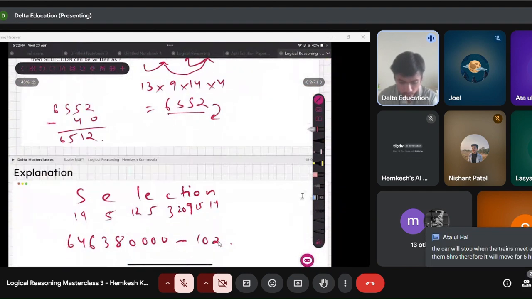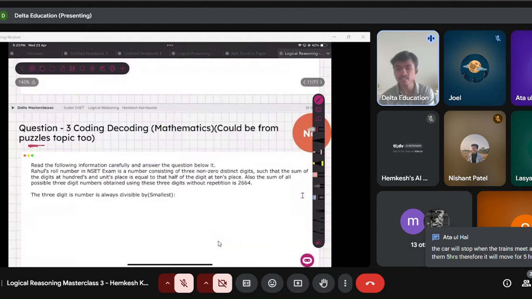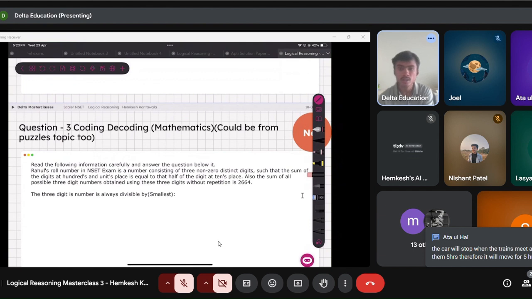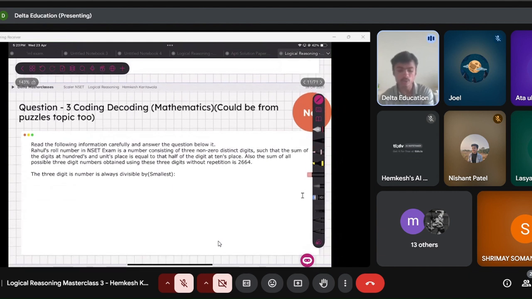Yes, somebody yesterday asked me this question in the Telegram group itself. So I'll quickly go on to this question. What this question says is that Rahul's roll number in the NSET exam was a three non-zero distinct digit number.